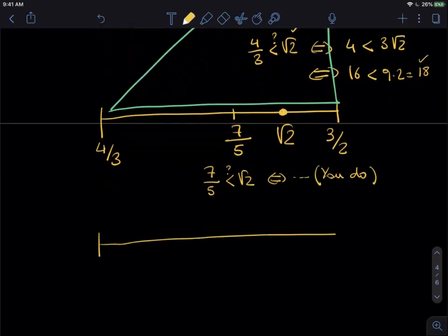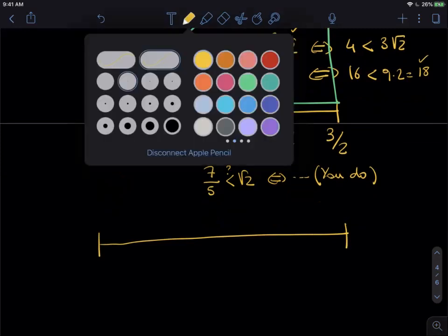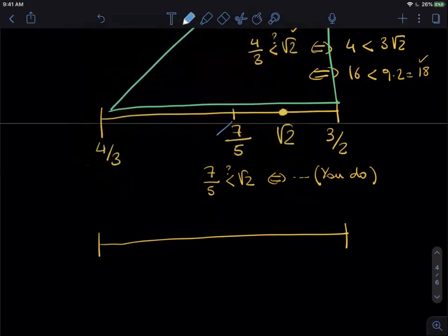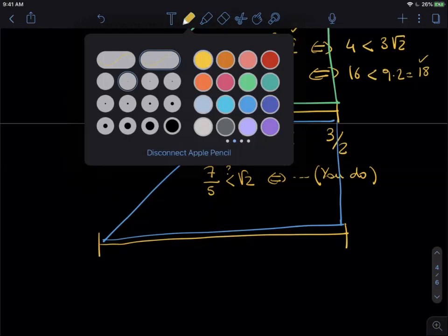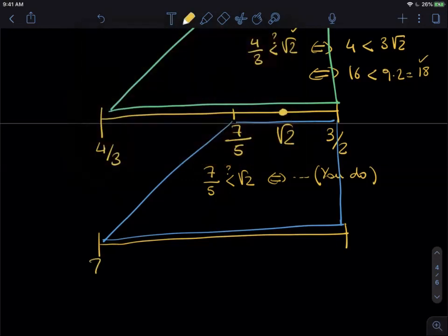So we zoom in again. Okay, and what we have here is 7/5, 3 halves. Again, square root of 2 stays close to 3 halves.